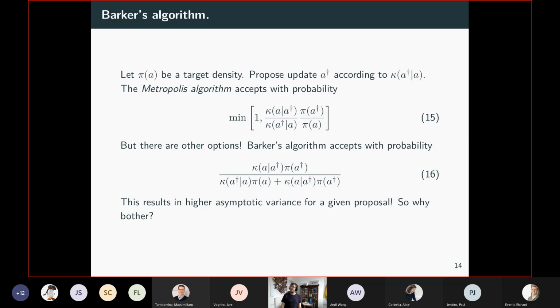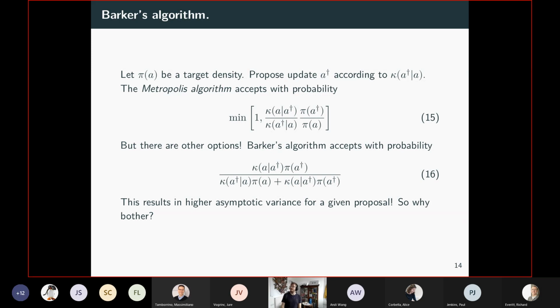But really, that's not the only thing that gives you a Markov chain with stationary density corresponding to pi of a. For example, Barker's algorithm accepts with a different acceptance probability given in equation 16. And that is not as popular because it results in a higher asymptotic variance for a given proposal.